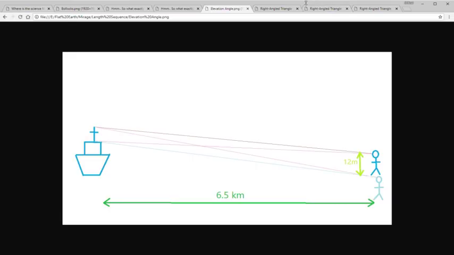So, here's two things here. First of all, how much difference in viewing angle is that? And second of all, what is the science to make those masts look longer? The answer, of course, is there is no science to make them look longer, but we'll look at this anyway.